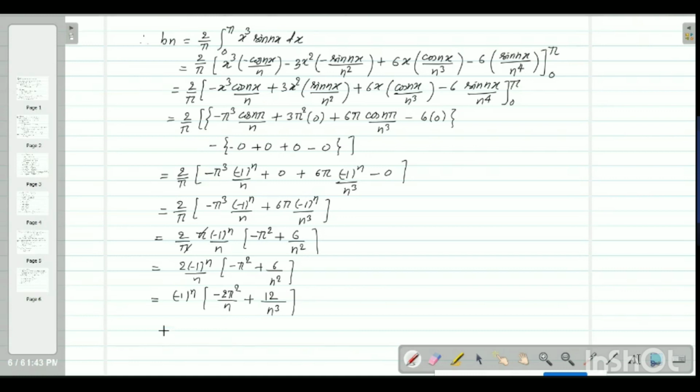I will write this a bit better. So this is equal to what? Minus 1 raised to n times 12 by n cube minus 2 pi square by n. Okay, name this equation number 3. Okay, now let us move to the next page.